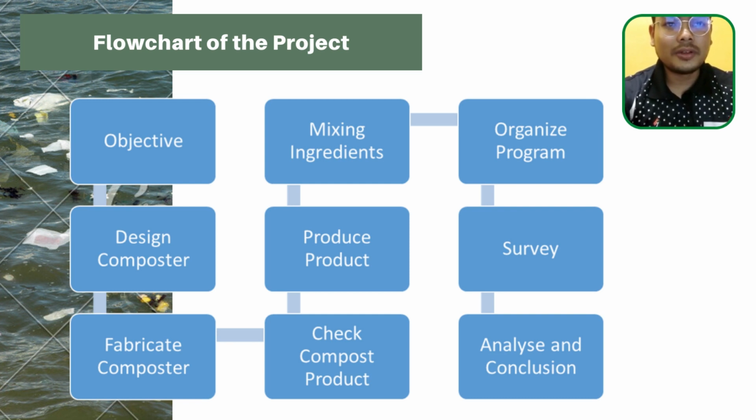We start with the objective, next design the composter, then fabricate the composter, check the compost product, produce the product and mix ingredients, organize the program with the school, and conduct a survey with the students, and finally analyze and make a conclusion for the entire project.